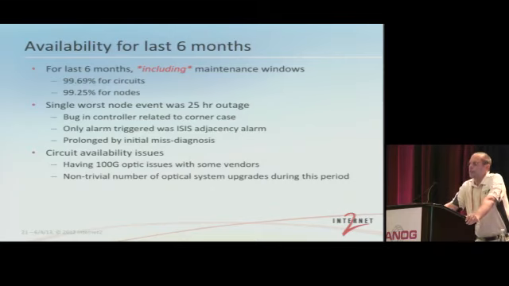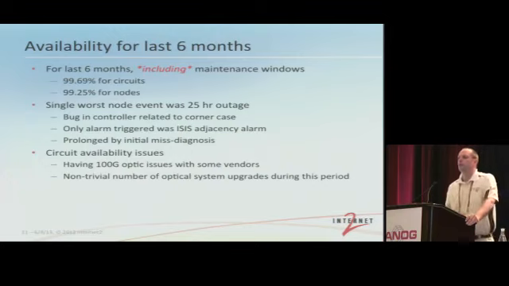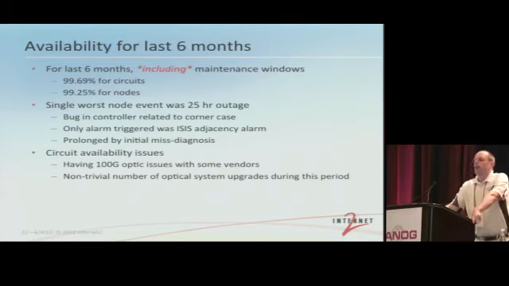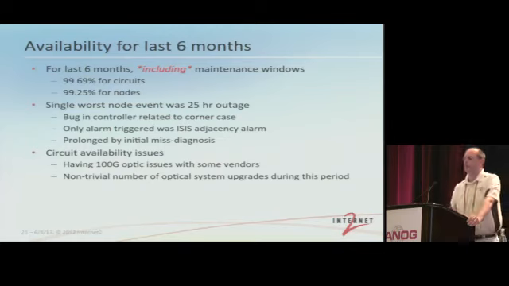When I dug into those numbers a little, a couple of things stuck out to me. In terms of node availability, we had a single instance with a 25-hour outage over a weekend on one of our nodes out east. That was the result of a combination of bugs in the switch implementation and the controller that caused it to stop forwarding correctly.